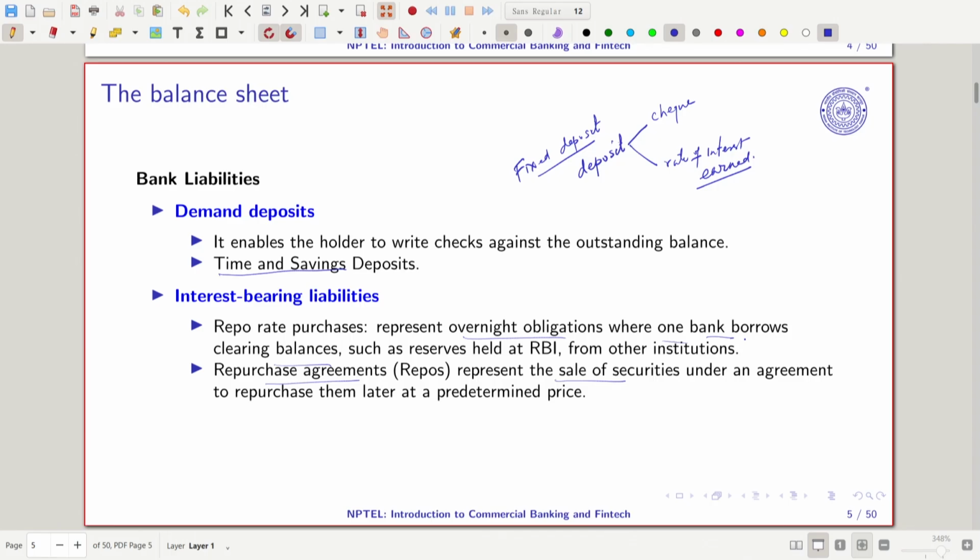When banks are selling, it means banks are now getting more cash, so it increases liquidity. So these two are linked with the liquidity adjustment facility.